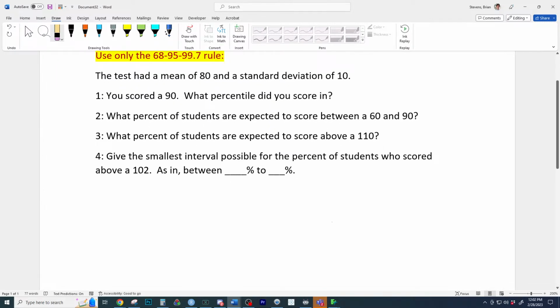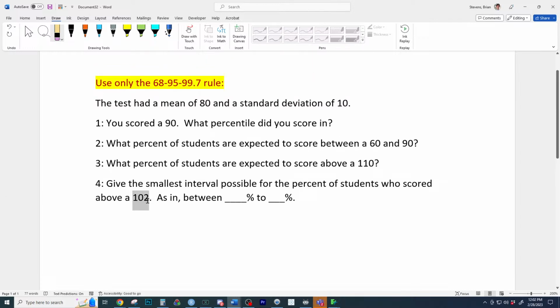So what would this be right here? What might you do with 102? It doesn't ask you to do this, but what could you do with 102 right here to understand it a little bit better?